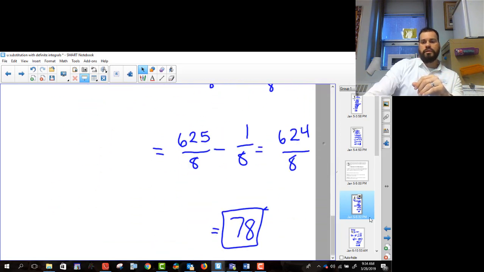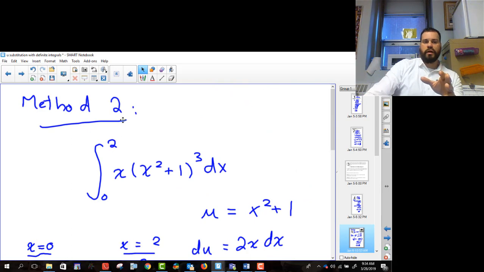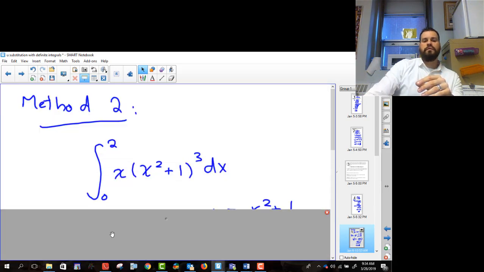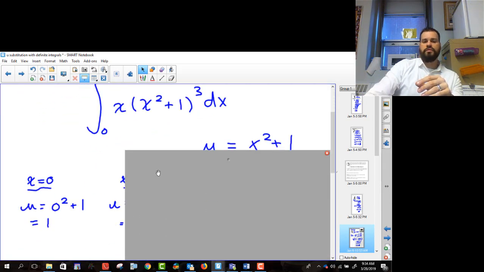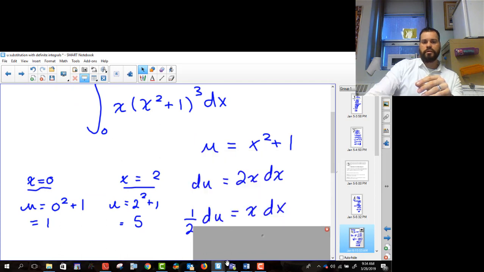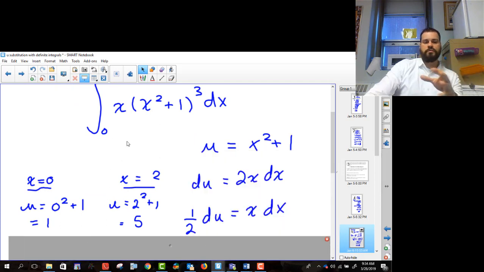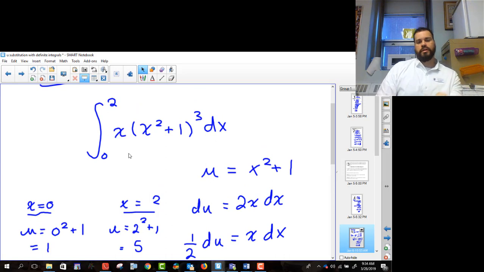Method two says, don't do that necessarily, make the substitution. Okay, so we're going to make the substitution, but also make the substitution with the boundaries. So in other words, we're going to say u is x squared plus 1. So let's figure out when x is 0, what is u?